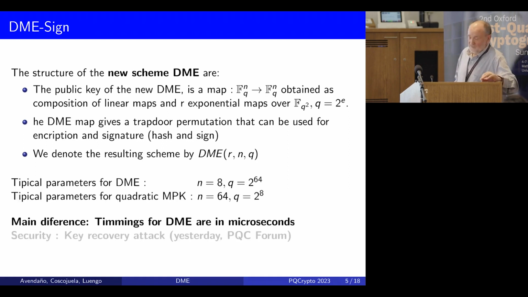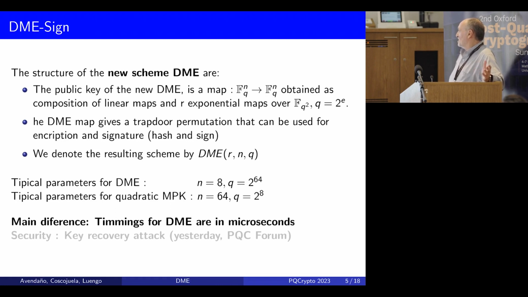Just a few comments. If we compare with a typical quadratic multivariable system of the same signature size, you see the difference. DME has 8 variables over the field 2 to the 64. A typical system of the same size would be 64 variables over the field 2 to the 8.